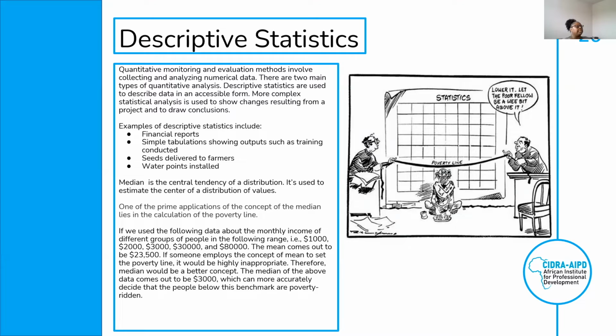More complex statistical analysis is used to show changes resulting from a project and to draw conclusions. Examples of descriptive statistics include financial reports and simple tabulations showing outputs such as training conducted, seeds delivered to farmers, and water points installed.